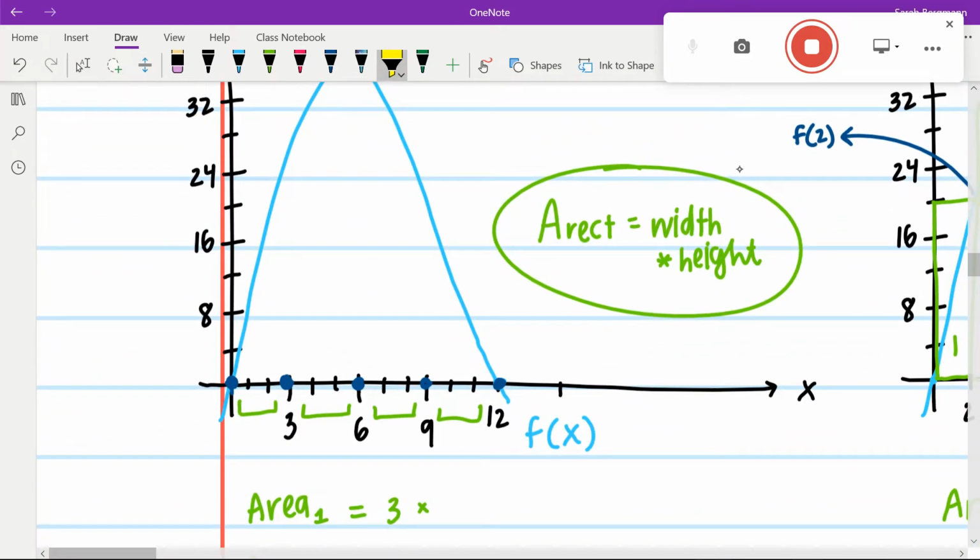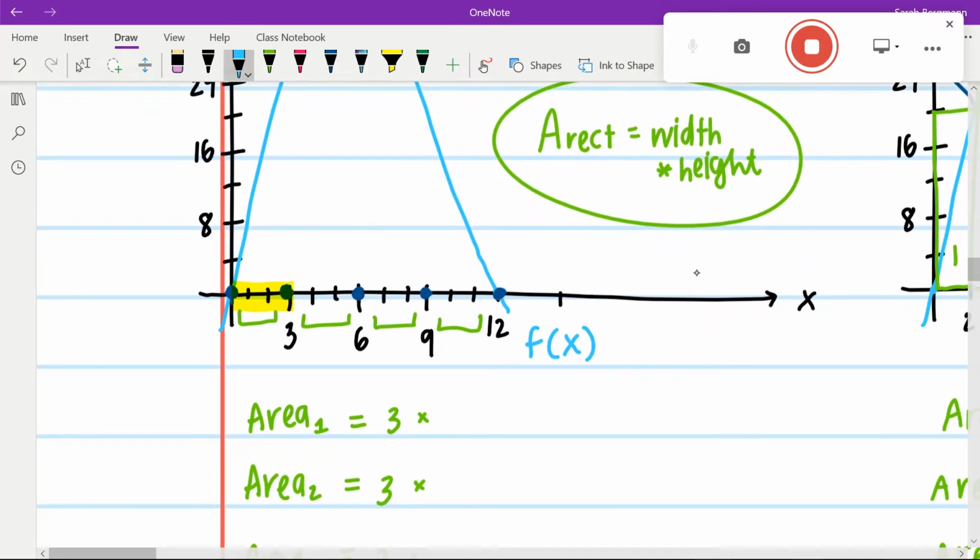So what we're going to do is look at the first segment. The right endpoint of this segment is 3. So to find the height for this rectangle, what you're going to do is use the height at 3, or the function value at 3.